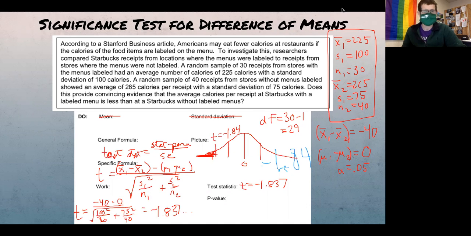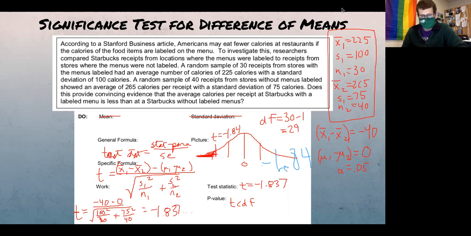All right. Well, the faster, simpler way to get an exact p-value is to use tcdf. I will go to second and distribution. tcdf is option number 6. There are 3 parameters to plug in.